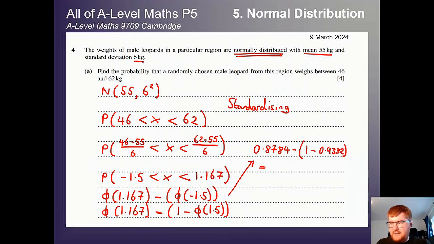And that gives us the value of 0.8096. And it's going to round to 0.810 to 3 significant figures. Okay, so we've got our value here.